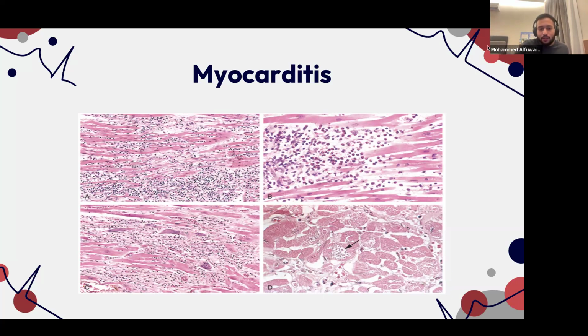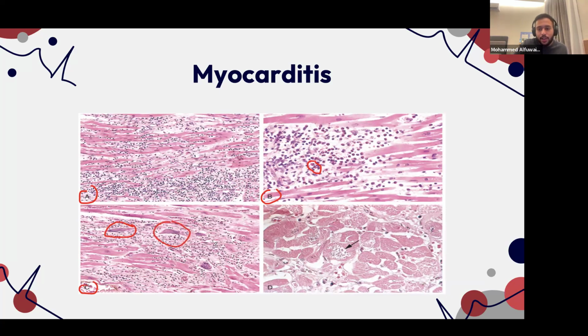So Coxsackie virus. You have multiple forms of myocarditis. This one is most likely the form that is from Coxsackie. You have lymphocytic infiltrates. Here, it's most likely going to be allergic or hypersensitivity myocarditis. Why? Because you see eosinophils, okay? C, you see these cells, which are what cells?